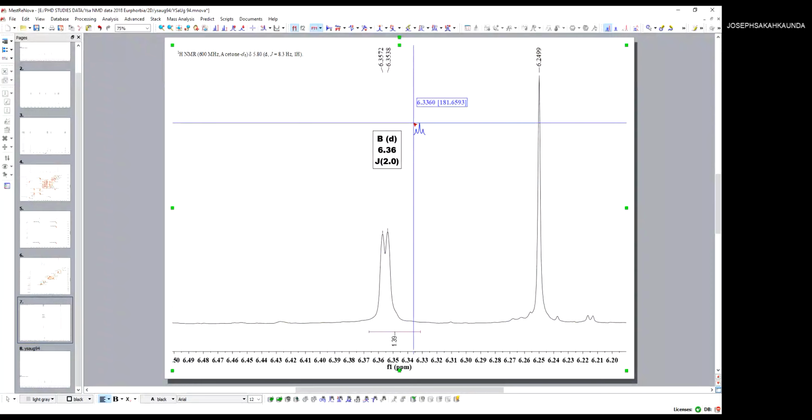Then that tells you that the protons in that glucose unit are in equatorial conformation with reference to the planar structure of the sugar. Whenever the J value is bigger, 7 point something, the protons are axial.